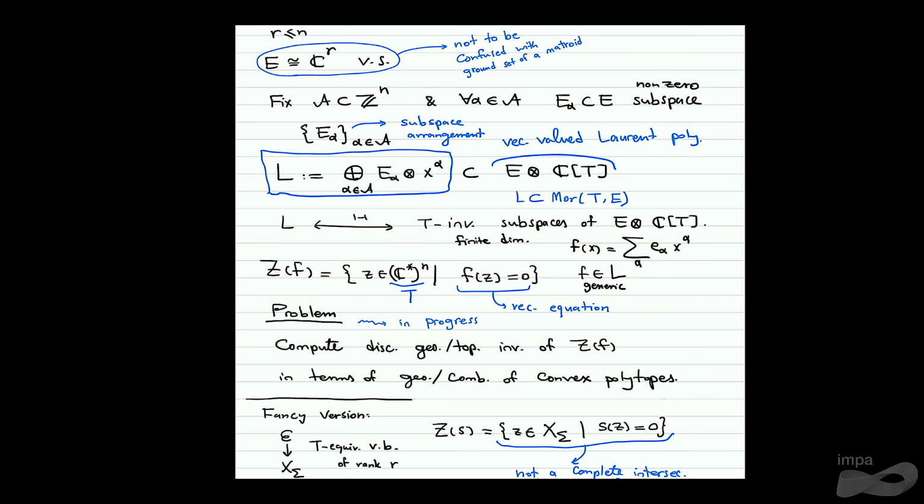It amounts to r many equations, and if f is chosen generically, you have a codimension r subvariety. But this can be thought of as a section of a vector bundle, so in general it is not a complete intersection.